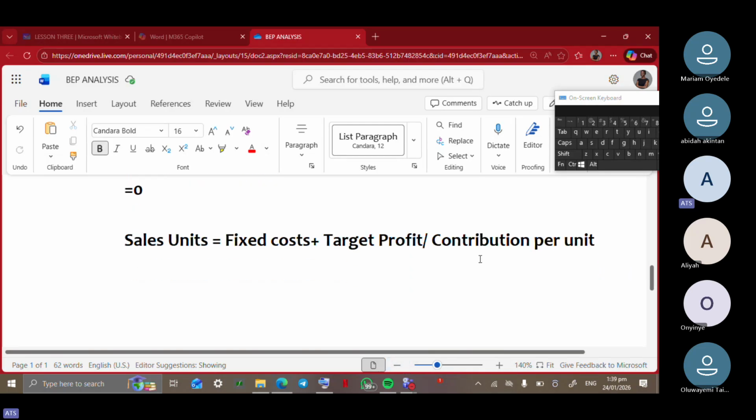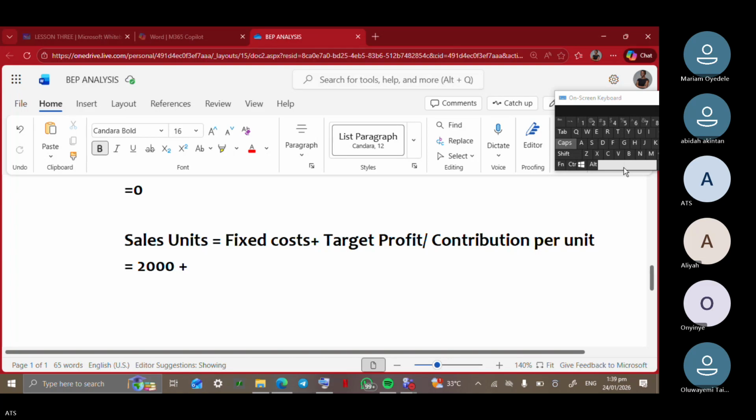Okay, so this is what we are looking for. Now we know that fixed cost is 2,000, right? Yes, ma'am. Do we know our target profit? No, ma'am. We just know the percent of our margin, right? Yes, ma'am.